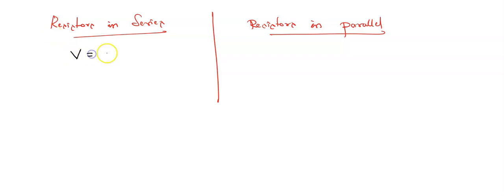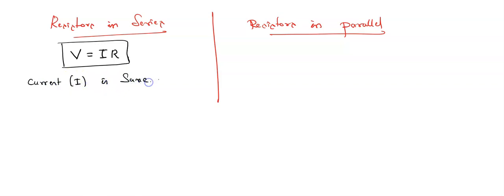We know that according to Ohm's law, V is equal to IR, correct? According to Ohm's law, V is equal to IR. But in this case, the current I is the same.